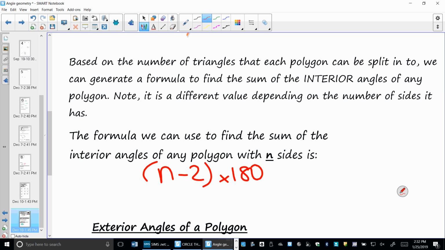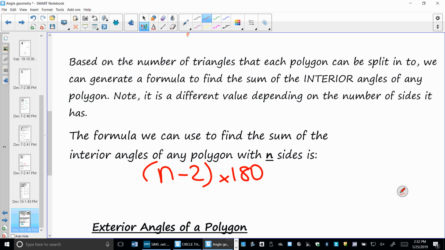The reason being is because each polygon, if you cut it up into triangles, you're always going to have 2 fewer triangles than the number of sides. That means that's what we multiply by 180. So that's where it stems from, or you can just remember that rule. So the sum of the interior angles, n here is the number of sides.